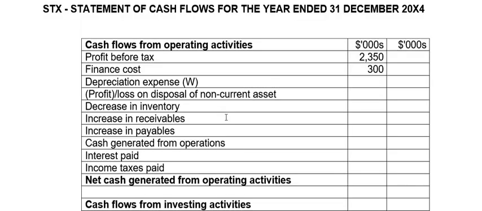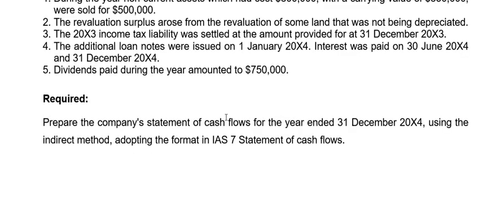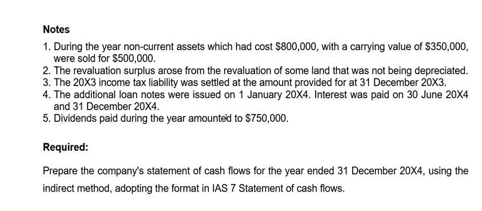Then go through the additional information. You see there is an asset disposal, a non-current asset disposal. When you dispose of a non-current asset, you have to write off that asset from the books of accounts of the company.